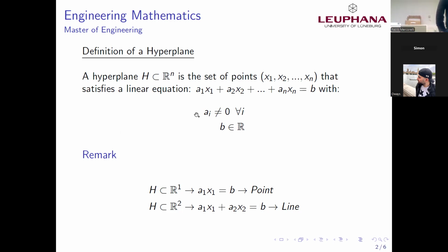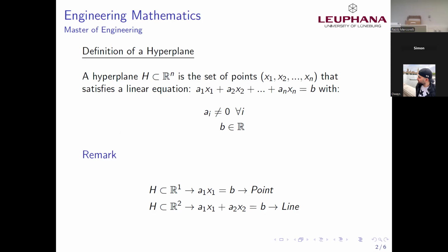Definition of a hyperplane. A hyperplane H, included in R up to n, is a set, again a set. Have you ever seen this graph? A set of points x1, x2, xn. Very often when we have a dimension n, we can use x, y, z, w, v, or x1, x2, x3, xn.